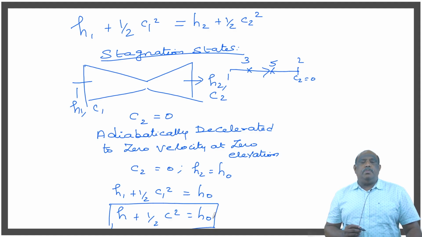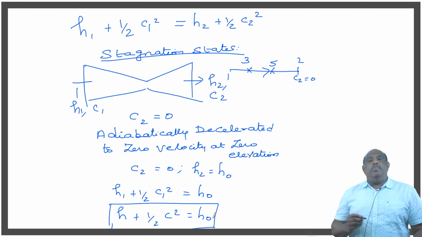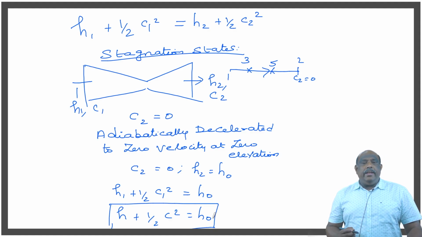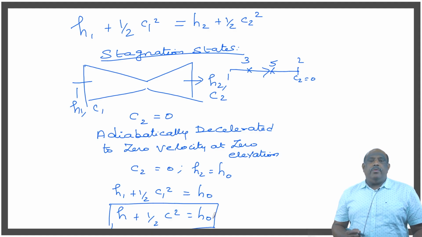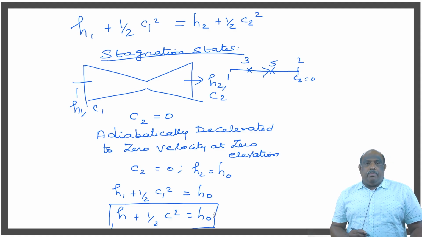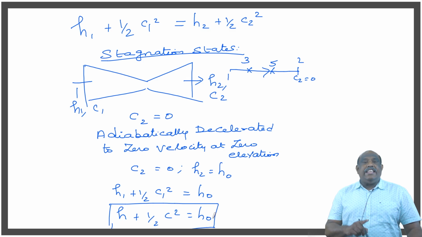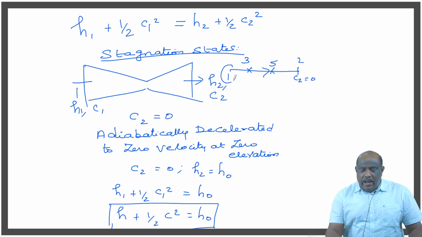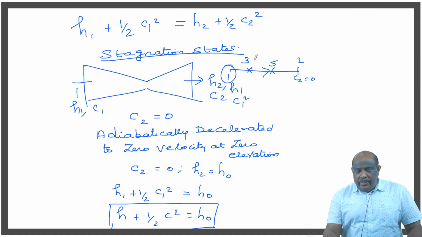In this equation H plus half C squared equal to H naught, how many variables are there, how many constants are there? So we can see there are two variables. What are they? H and C. If I am going to locate at 1, it will have H1, it will have C1 squared. If I am going to locate at 3, it can take H3, it can be different, C3 squared.